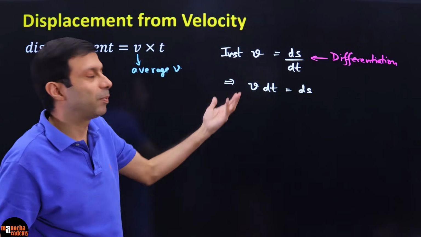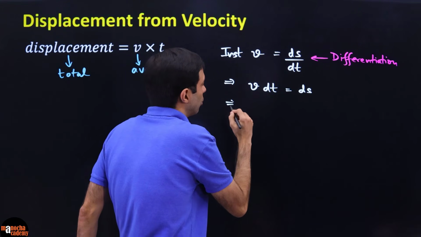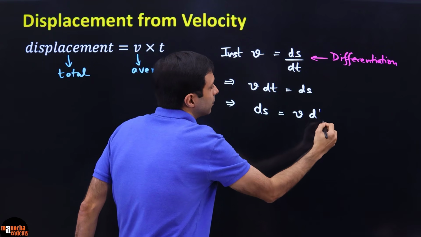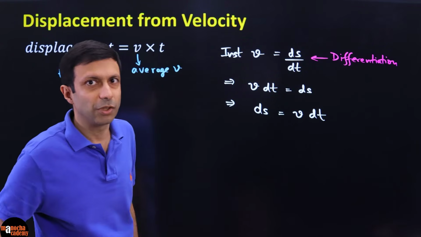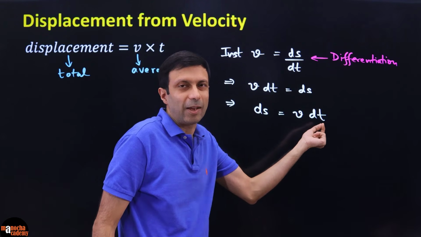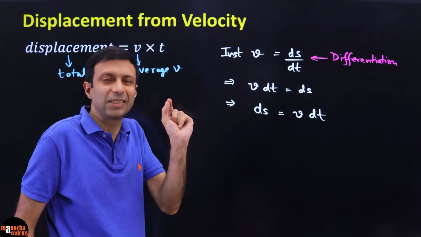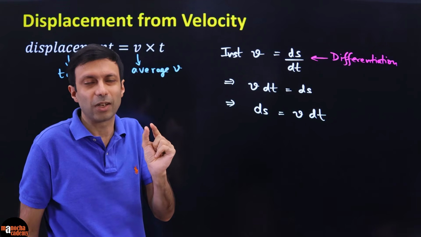Since we are interested in displacement, let's bring that to the left hand side, so I can write ds equal to v dt. What is the meaning of this equation? That in a very small time interval, if you multiply the instantaneous velocity, you will get that small instantaneous displacement in that small time interval.